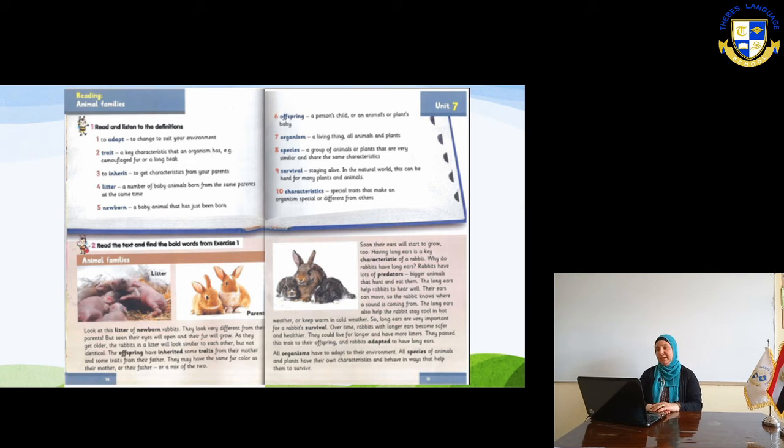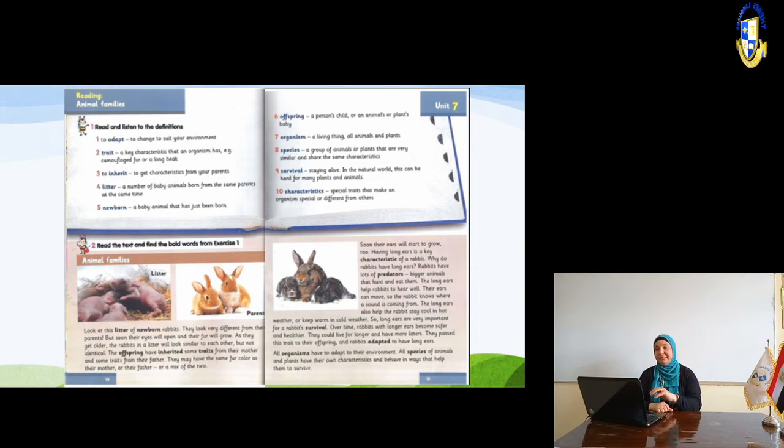Having long ears is a key characteristic of the rabbit. A key characteristic is something special for this animal that does not exist in any other animal. So a very long ear is a key characteristic for the rabbit.